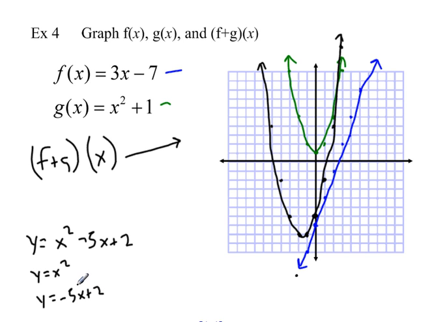If we graph both of these and add the y values together, we will get the graph of that original function. So without knowing any special rules about graphing parabolas, you know your basic parabola with a vertex at the origin. We know how to graph any line. Add those y values together, we will get the graph of this function.